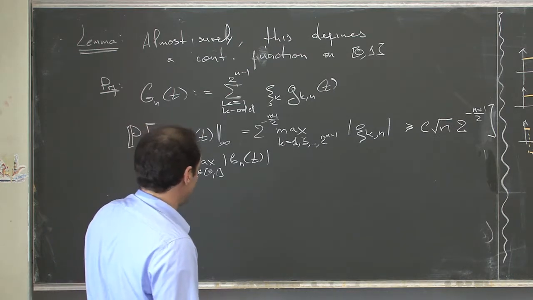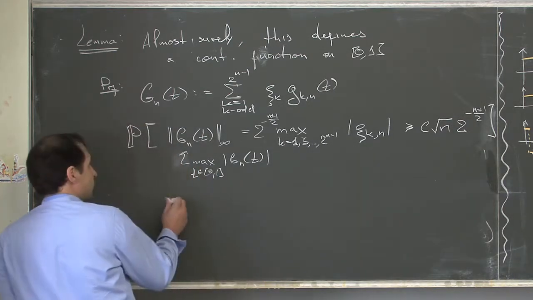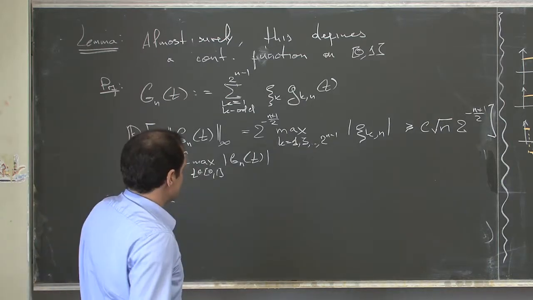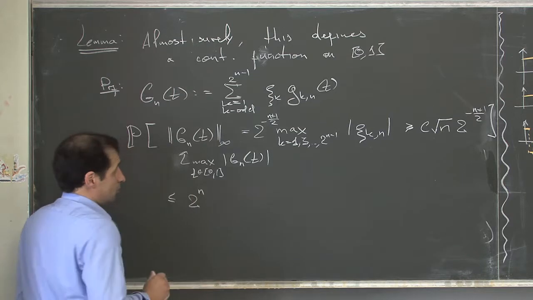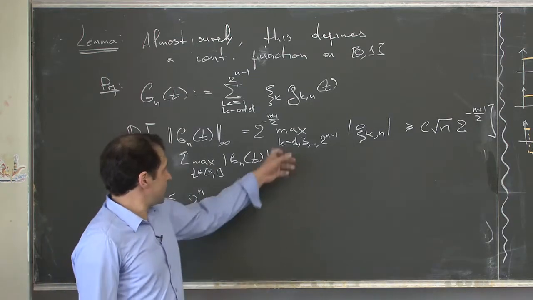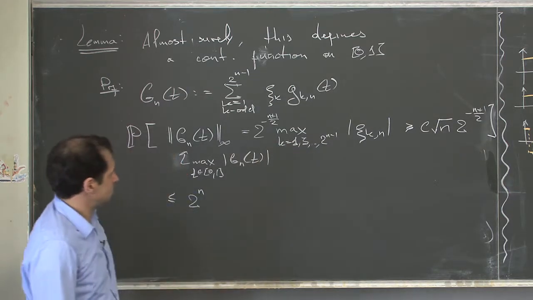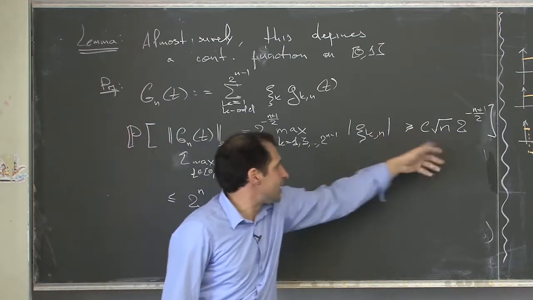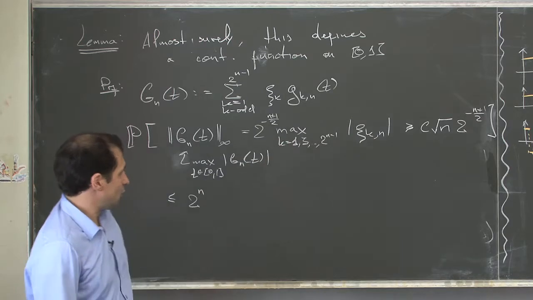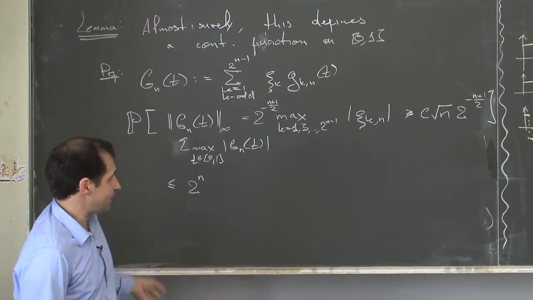So let us bound it. Of course, this is just less than 2 to the n, which is the number of k's. I'm just saying that the maximum is greater than something if and only if one of these guys is greater than that something.